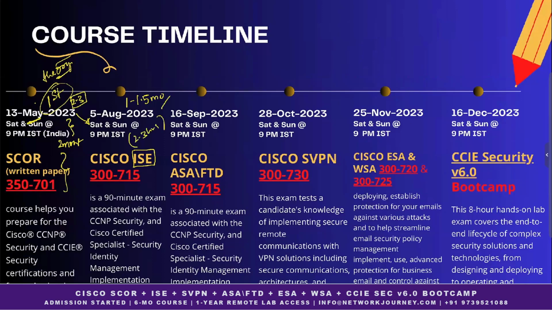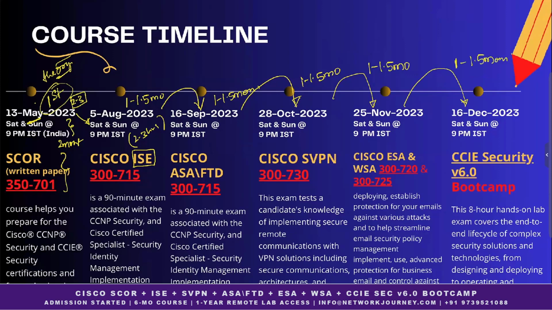Once this is done, we start with the firewall paper. Again, this is not very time consuming. Within 1 to 1.5 months, we complete this. Then we go to the VPN paper, again 1 to 1.5 months. Then we get into the ESA, WSA, and then we have a lab bootcamp, which would be another 1 to 1.5 months.